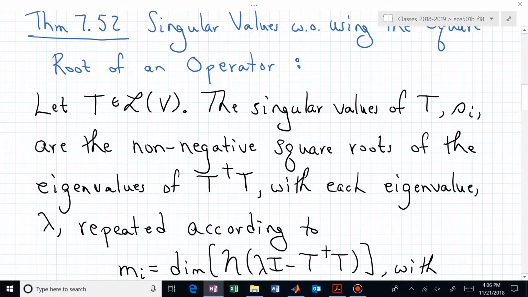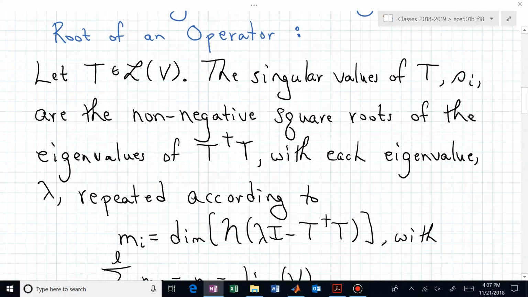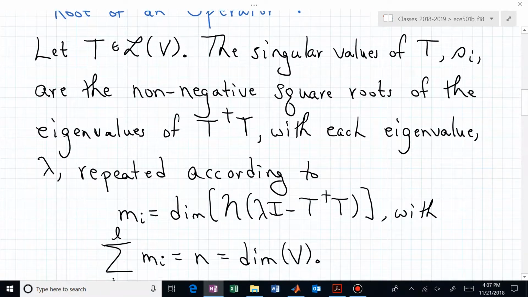Let T, again, be a linear operator on our vector space V. The singular values of T, again denoted by s sub i, are the non-negative square roots of the eigenvalues of T dagger T. So now we're worrying about the eigenvalues of T dagger T and not the eigenvalues of the square root of T dagger T, but obviously there's a relationship or connection between those.